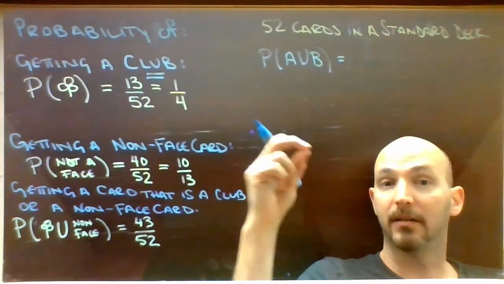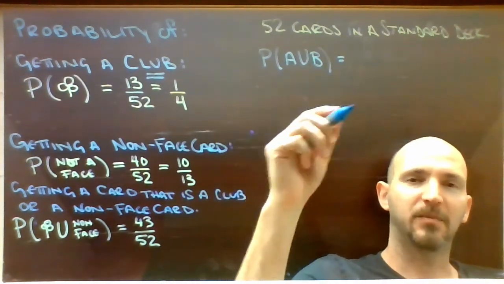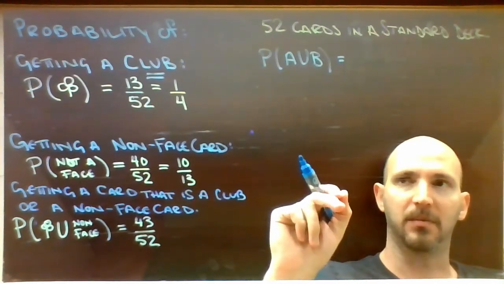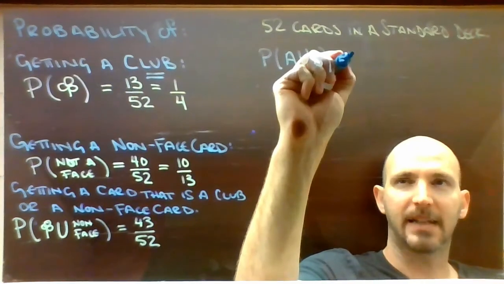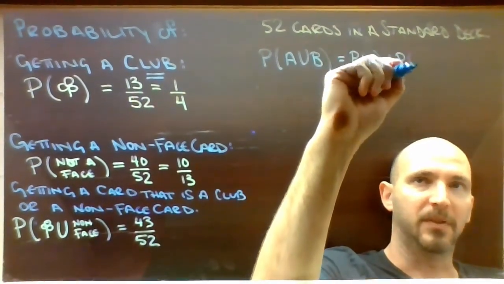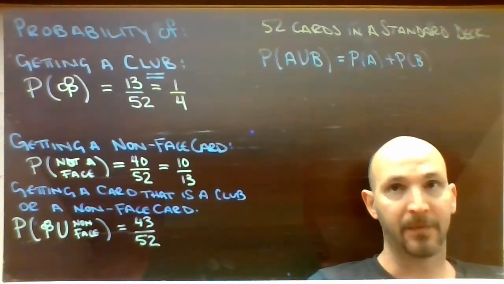So then we're going to add to it in a second. When I did A and B, I just took the probability of A and multiplied it to the probability of B. This one, I'd like to add them. Probability of A plus the probability of B. And maybe you'll see why this doesn't work in just a second.